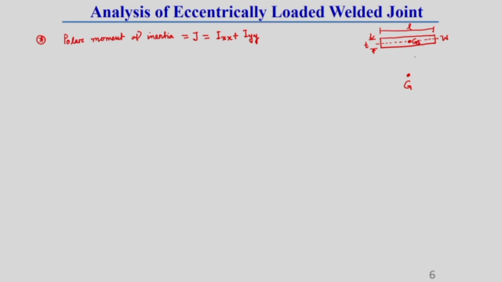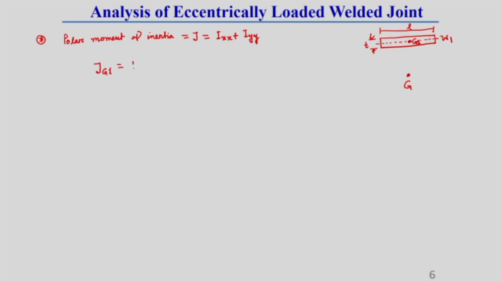So, the weld CG I am representing in terms of G1, let this be weld 1, W1. Now, first of all we have to find out the Ixx and Iyy, because first of all we will find out the polar moment of inertia with respect to G1.